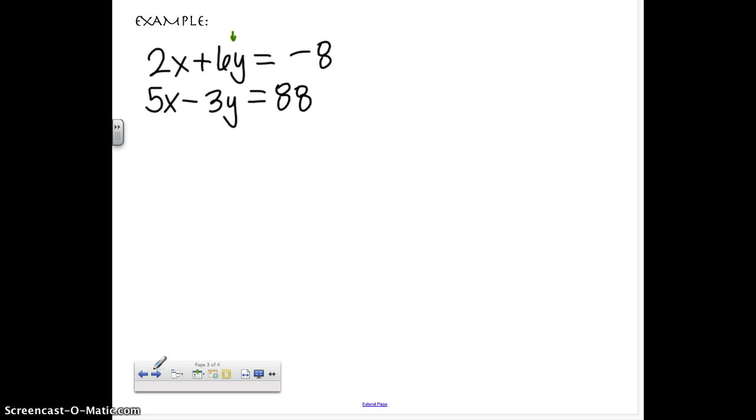And the way I'm going to do it is I'm going to try and make both numbers, in this case a 6. Okay? Because it's easy for me to change the 3 into a 6. Well, in order to do that, I'm going to multiply this bottom equation by 2. In doing so, my 5x is a 10x.